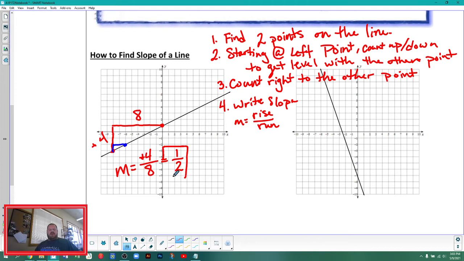But this is a very valuable skill to have, to be able to reduce my fraction so that I'm not required to pick the closest 2. Maybe I had my doubts about this point, or maybe I just didn't see it. A lot of those things happen. So pick any 2. You don't have to pick the closest 2 points.